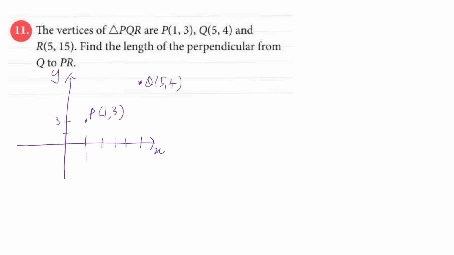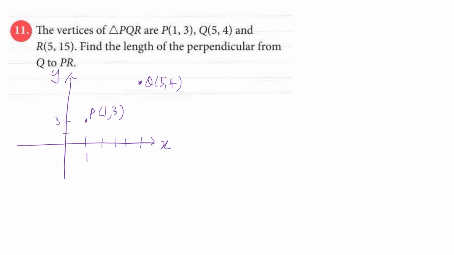And point R is 5, 15. Oh, okay. So I need to draw this line longer. So 5, 1, 2, 3, 4, 5. Oh, not draw longer, sorry. I need to draw the Y longer, not the X longer.